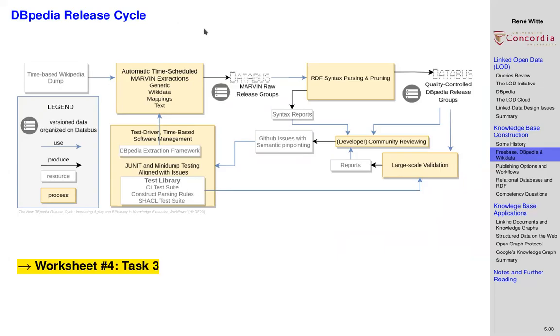And then they have a process that goes through this database dump and starts creating RDF out of the raw data in Wikipedia. Then once they're done, this is going through a number of quality control checks. They have some automated tests, some community review. And then when this is all done, there is a new version of DBpedia published.